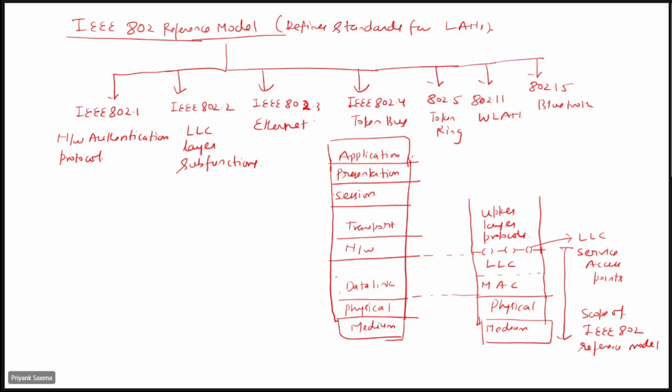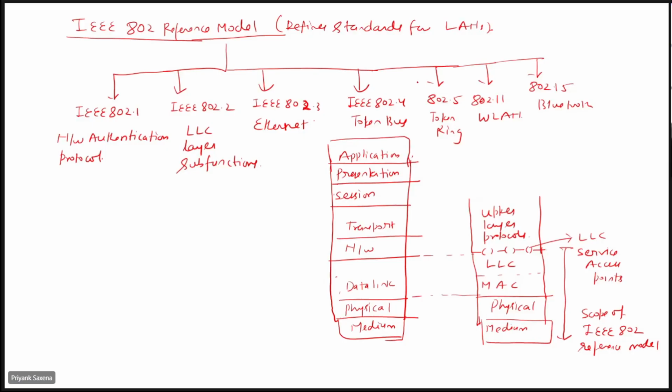Earlier, there was company monopoly. They would be using separate things for their own systems, right. So to end the company monopoly, this committee was formed to standardize things for the local area network. Okay, so this committee dictates the standards for local area network.